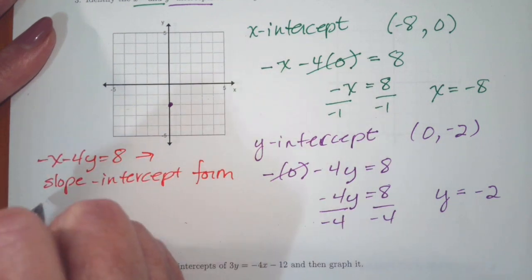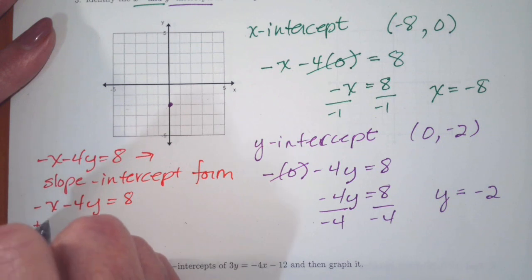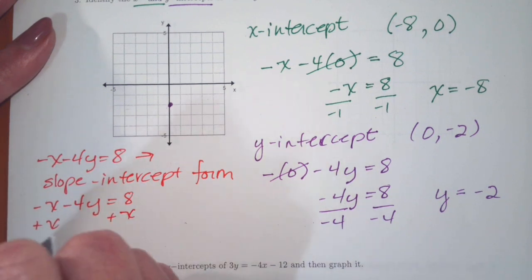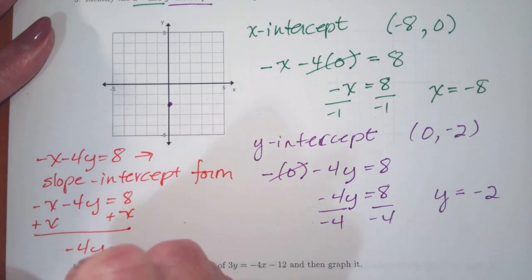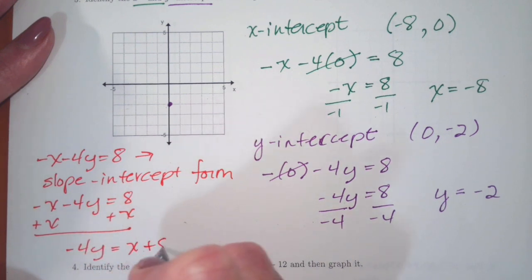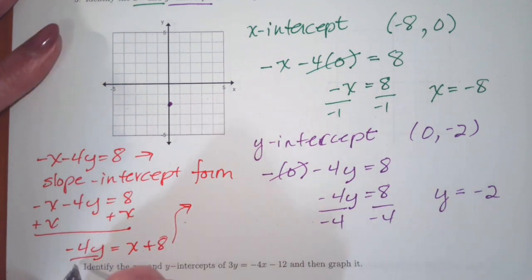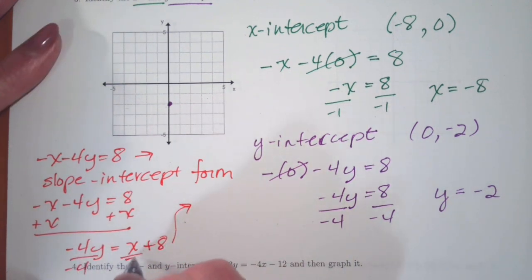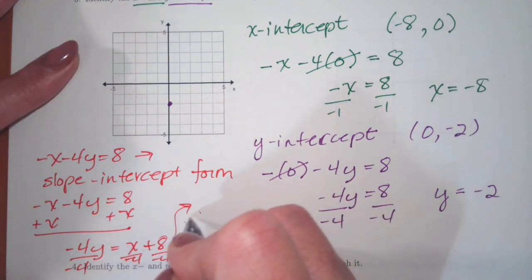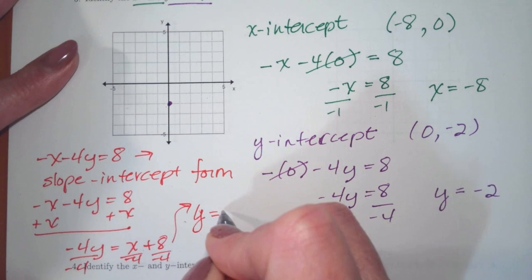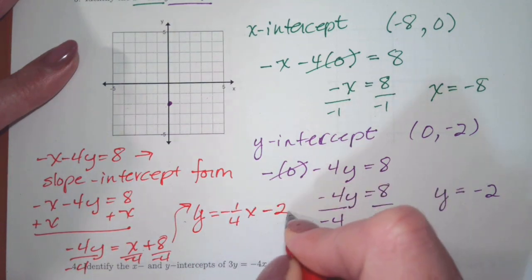Okay, so if I start out with negative x minus 4y equals 8, I'll add x to both sides. That gives me negative 4y is equal to x plus 8. I'm going to divide everything by negative 4. So that gives me y is equal to negative 1/4 x minus 2.